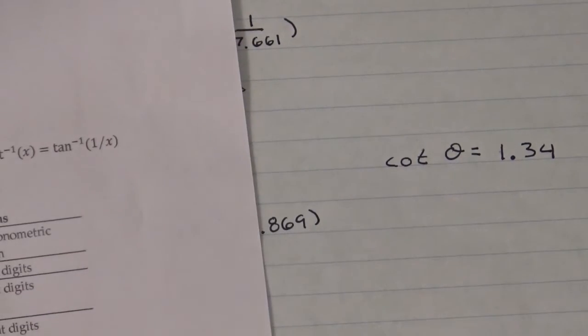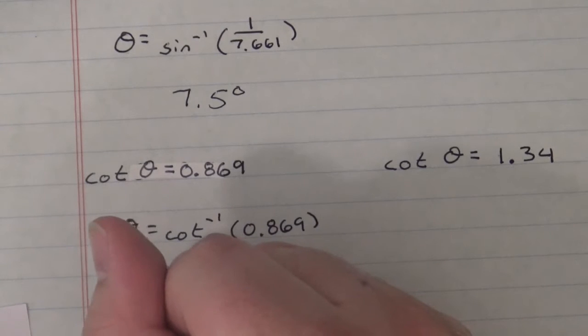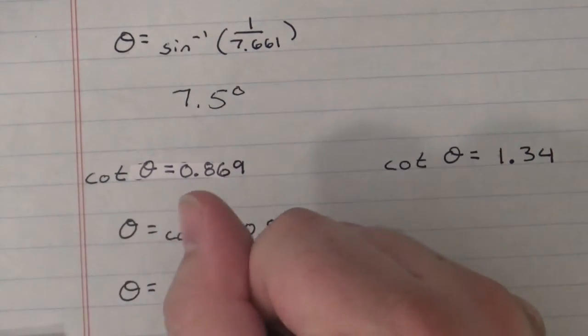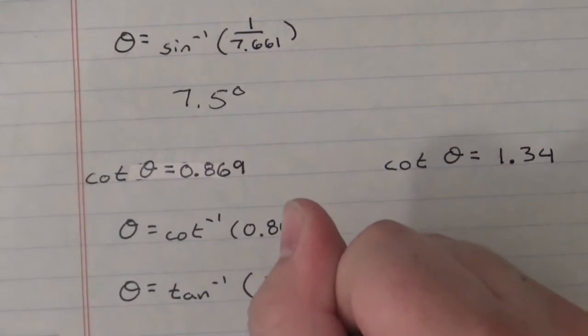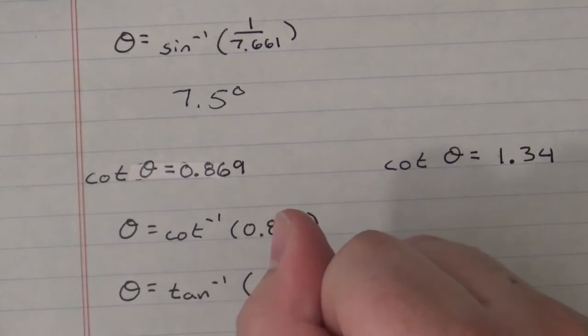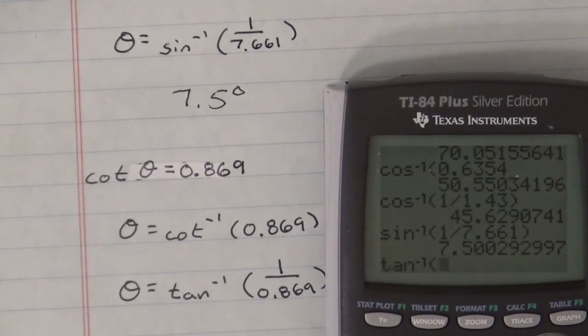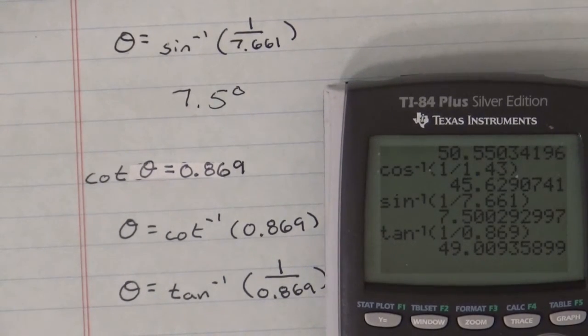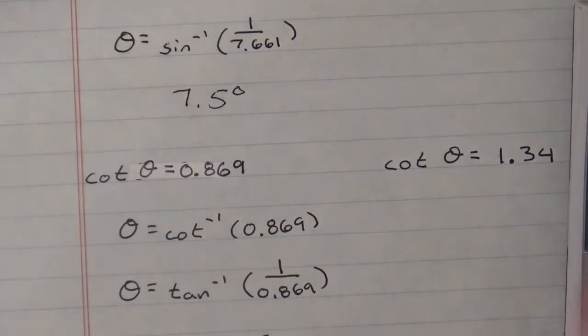So according to our formula sheet, we can rewrite this equation, saying that theta is actually equal to the inverse tangent of 1 divided by 0.869. Plug that in our calculator. Inverse tangent of 1 divided by 0.869, and we get 49. I'm going to round to the nearest tenth. In this case, it's just going to be 49.0 degrees.